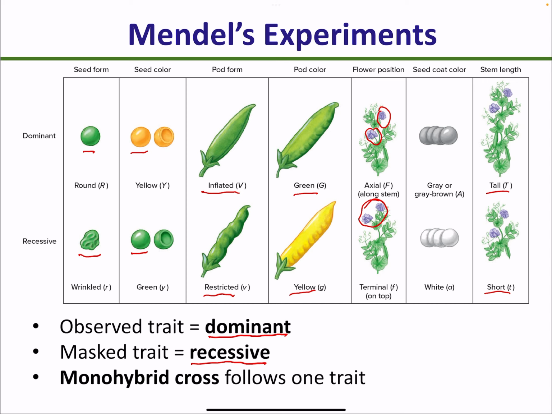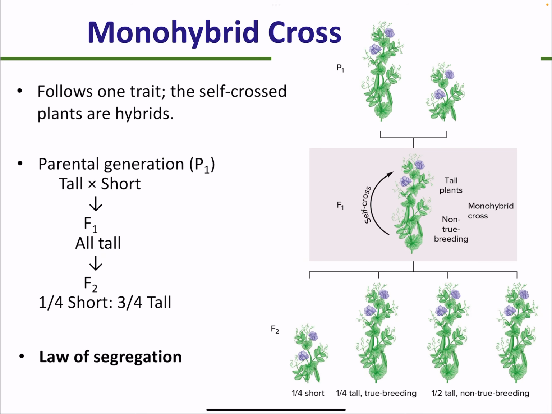This he did using what we call a monohybrid cross. Specifically, for instance, if you consider the feature tall plant versus short plant, he would cross a true breeding tall plant and a true breeding short plant.